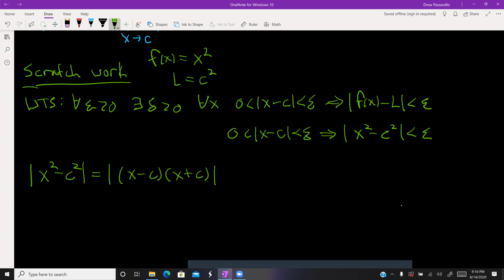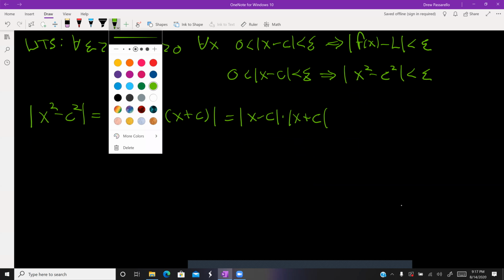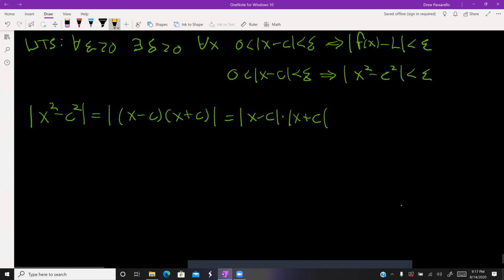All right, and then we could say that's equal to the absolute value of x minus c times the absolute value of x plus c. All right, so that's what we know, and we need this whole thing to be less than epsilon.